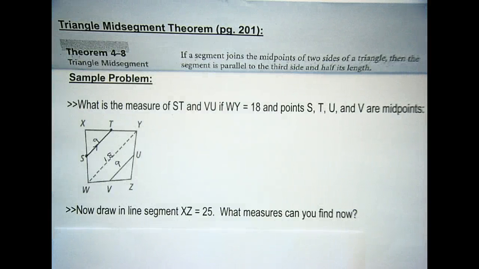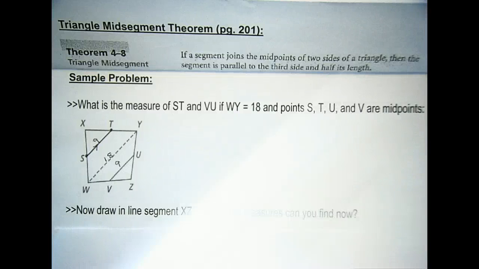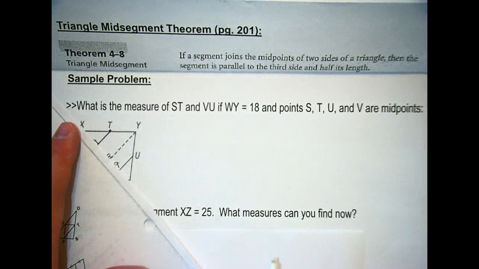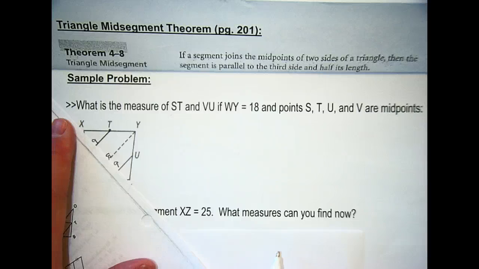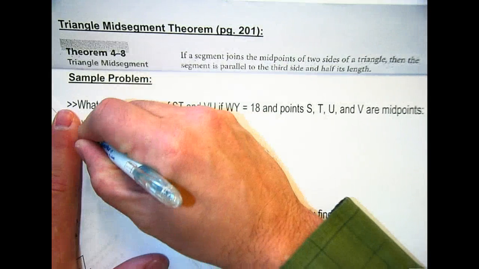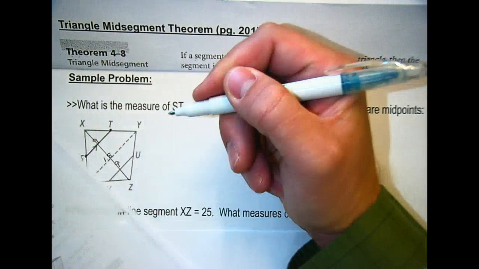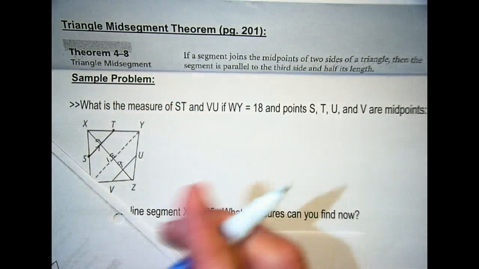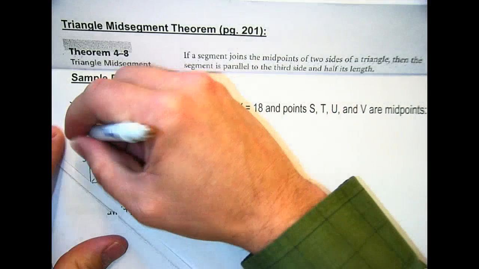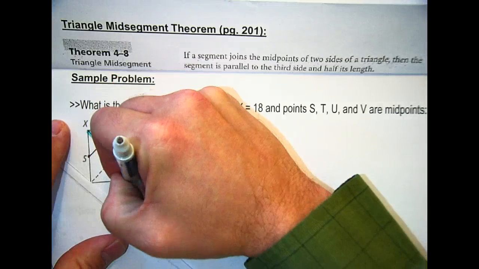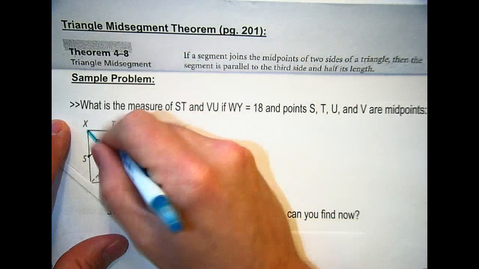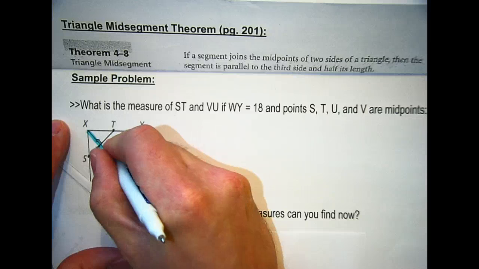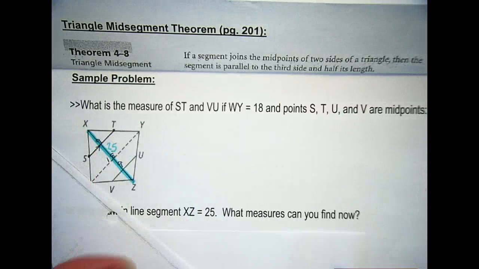Hey, here we go. If I draw in this right here, now notice it's not actually in there already. If that has a length of 25, okay, that has a length of 25. What could we find now? Grace?